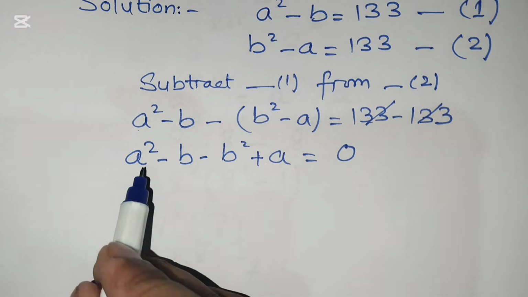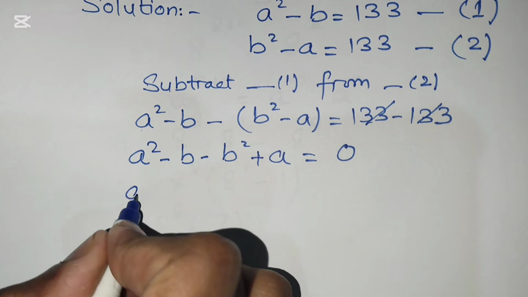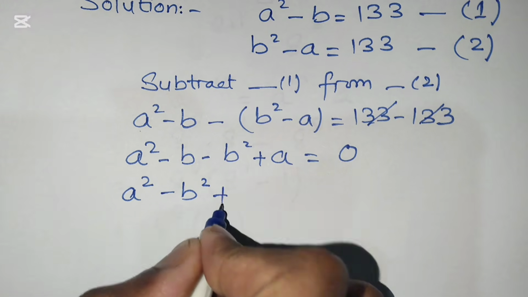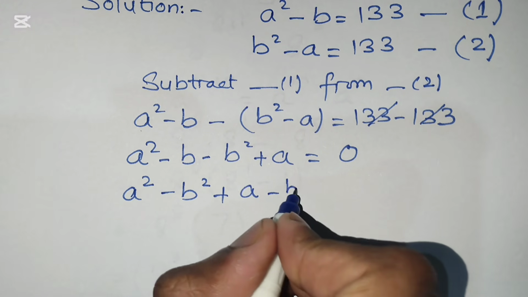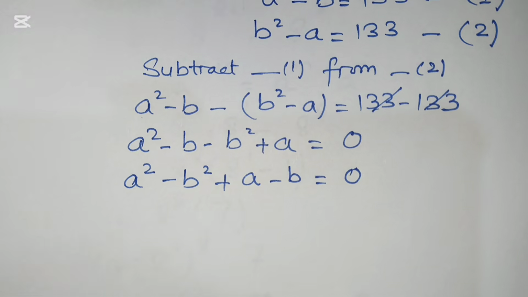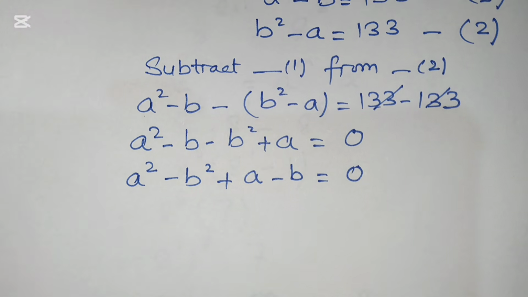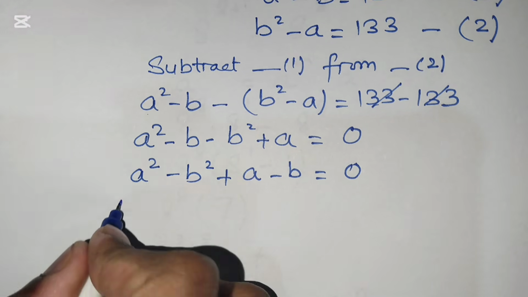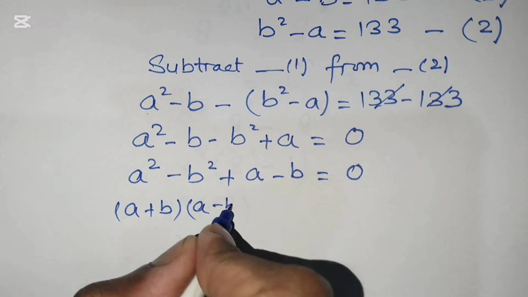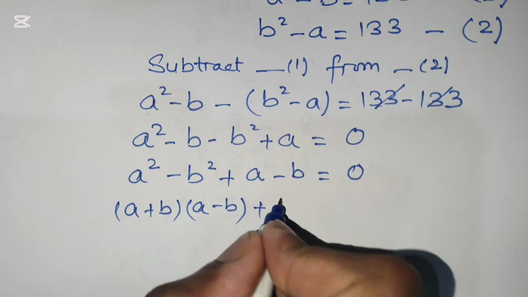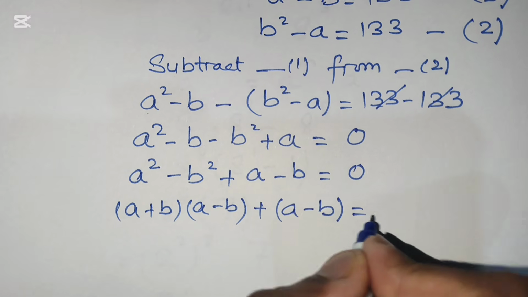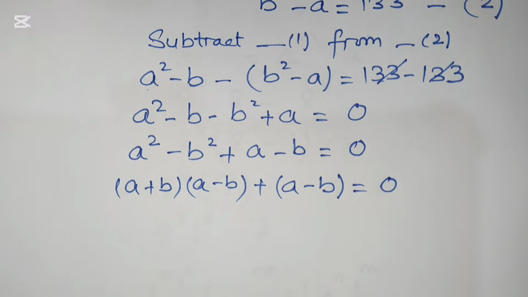Now we will rearrange this equation: a² − b² + a − b = 0. As we all know, a² − b² is (a + b)(a − b), plus (a − b) is equal to 0.